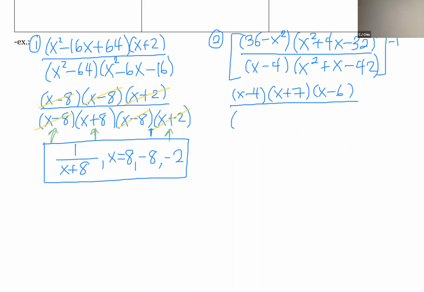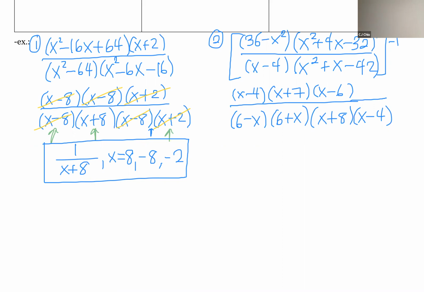And then 6 minus x, 6 plus x from 36 minus x squared, and x plus 8, x minus 4 from x squared plus 4x minus 32. So we flipped, took the reciprocal, and factored at the same time.